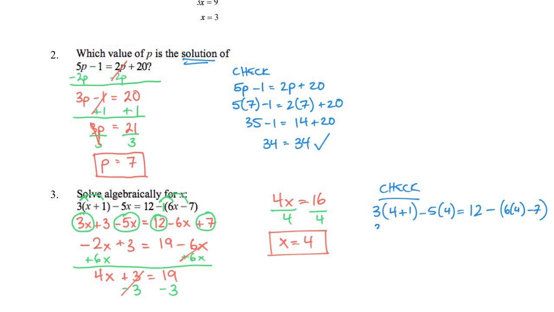So this is going to be 3 times 5 minus 20 equals 12 minus 24 minus 7. 3 times 5 is 15 minus 20, which is negative 5. 12 minus 24 minus 7 is negative 19. Let me redo that: 12 minus 17 is negative 5, and I have a check. So it looks like this one worked out.